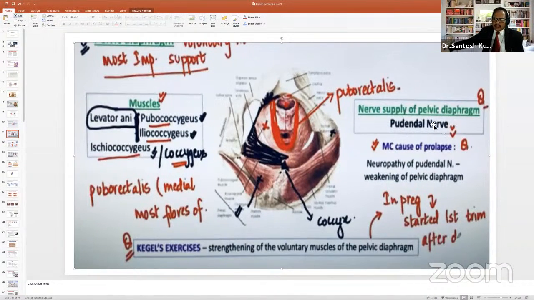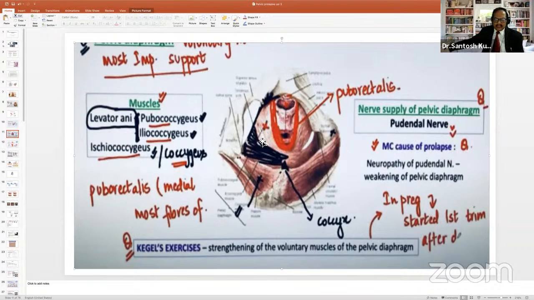So when there is multiple pregnancy and obstructed labor, there is stretching of this nerve and pudendal nerve neuropathy develops. Once pudendal nerve neuropathy develops, the nerve supply to these muscles is affected, the muscles start weakening and atrophy, the trophic action of the nerve is lost, and prolapse will happen.